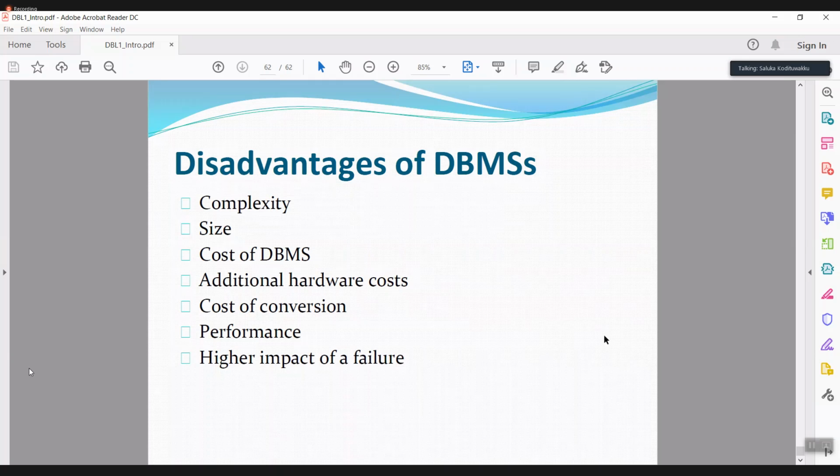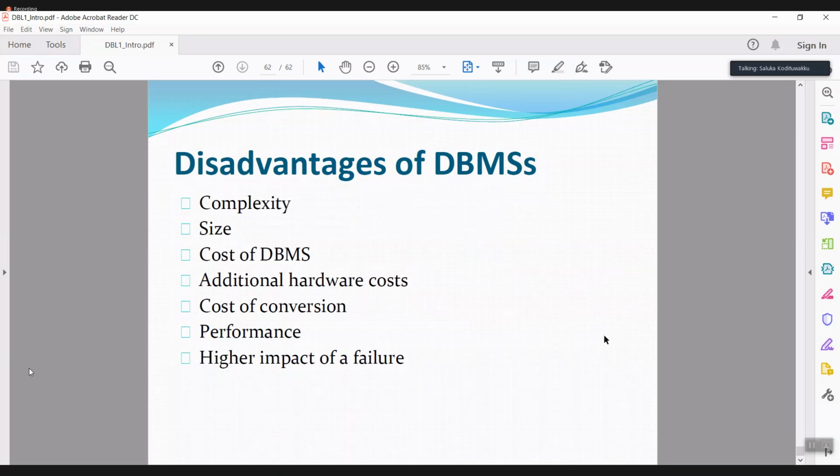Because of that, the currently used DBMS may need to be migrated to another one. Therefore conversion might be required, and once again it is costly. That is a particular cost factor there.